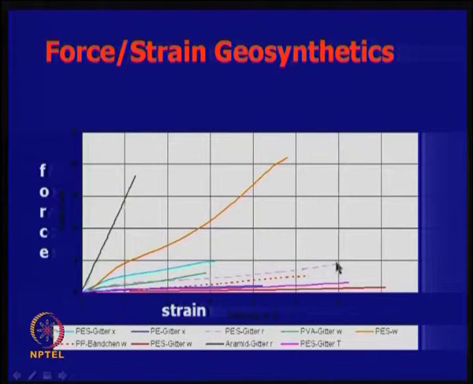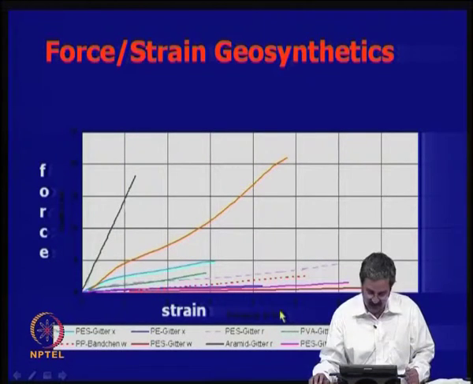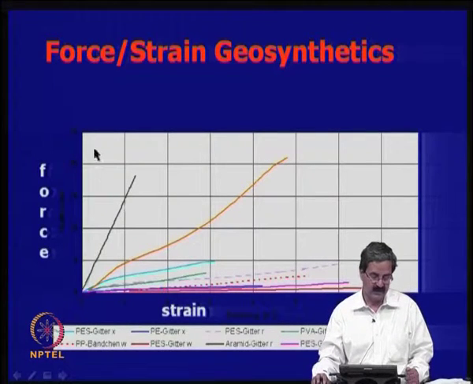This is a typical example. As I just mentioned, many of these materials have a time dependent response. The x axis is not very clear, and the y axis is the force.